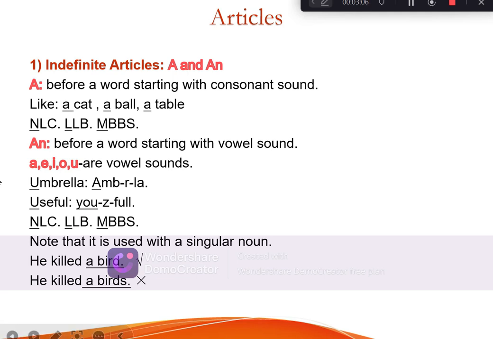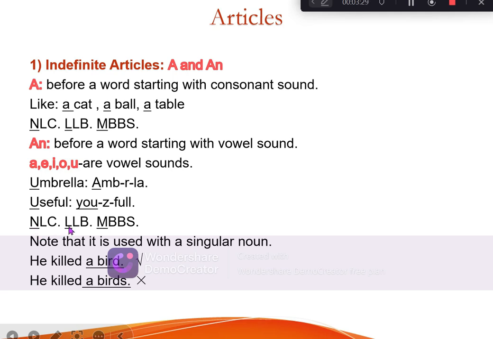Therefore, with umbrella we will say an umbrella. With useful, we will say a useful. The three words are mentioned once again: NLC, LLB, and MBBS. These three words begin with a consonant letter, but they are giving us a vowel sound.